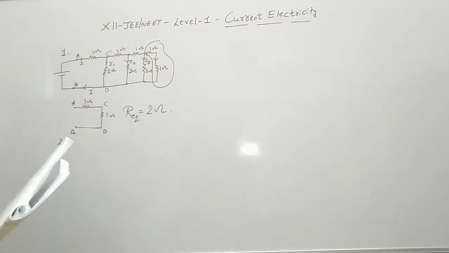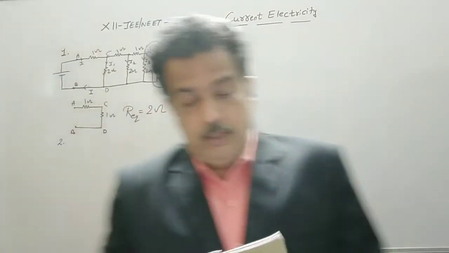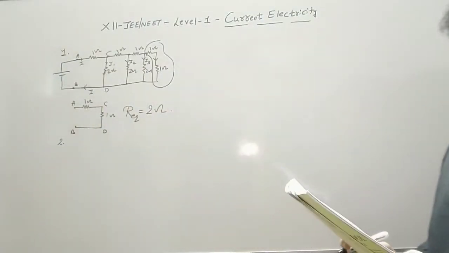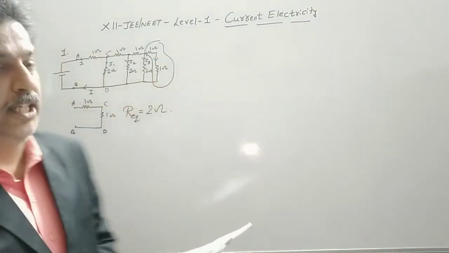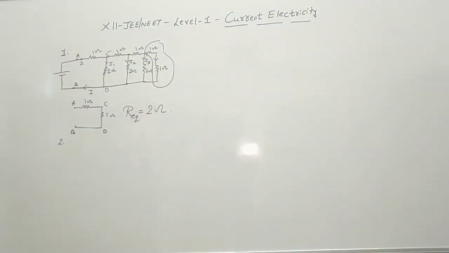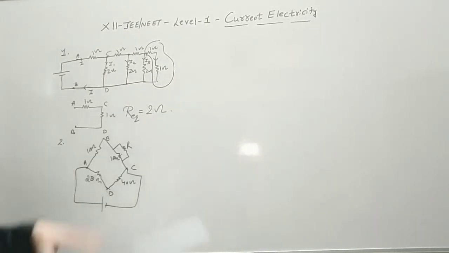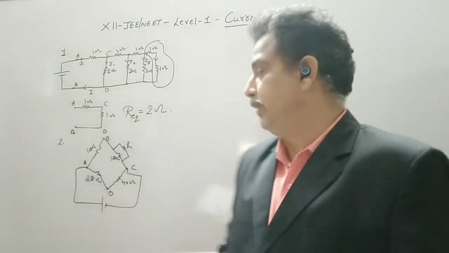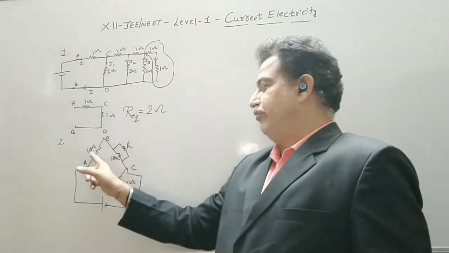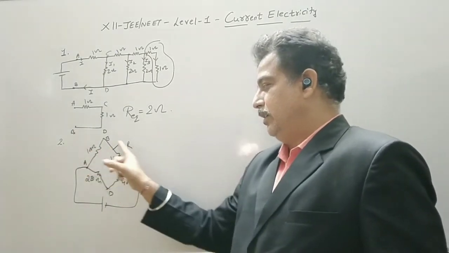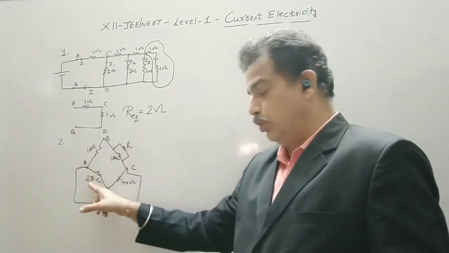Second, MCQ number 2. The figure represents a balanced Wheatstone bridge. The value of resistance R will be, so clearly it is given that the bridge is balanced. And we know that when the bridge is balanced, the ratio of these two resistances is equal to the ratio of these two resistances.